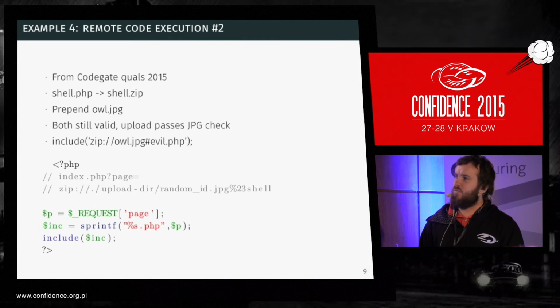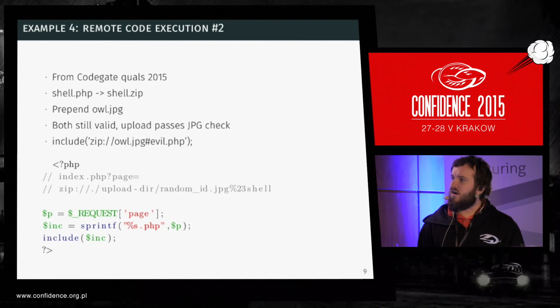As you may or may not know, if you concatenate a JPEG file with a zip file, both of the files are still valid, because zip files are typically read backwards, and the JPEG file has an end of file marker. So when we upload this, it will pass the JPEG validation check because it is a valid JPEG image.